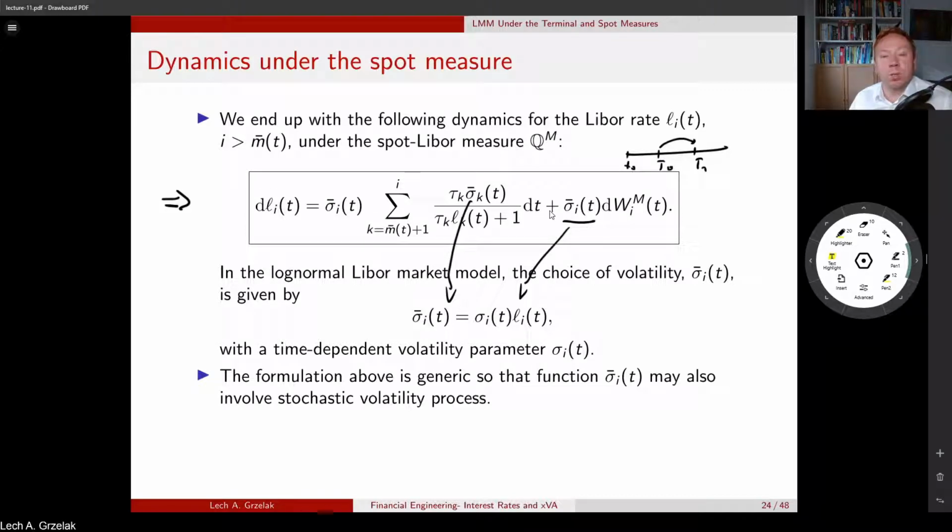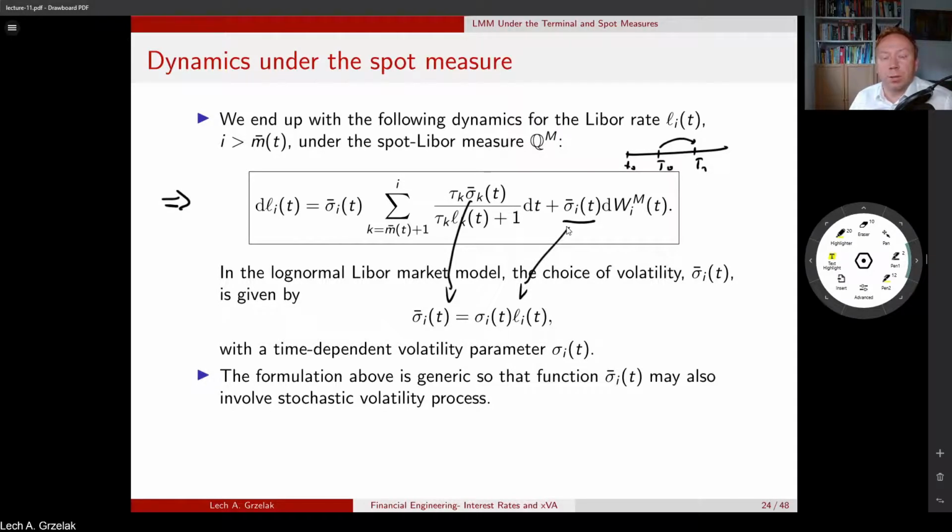We don't have this problem that under the terminal measure, the first Libor will include all the Libors in the whole grid. If we look at the spot measure, it's always the next grid point that we are looking at. And under that measure, nicely, the corresponding Libors are martingales. So this is extremely beneficial, and that is also intuitive.